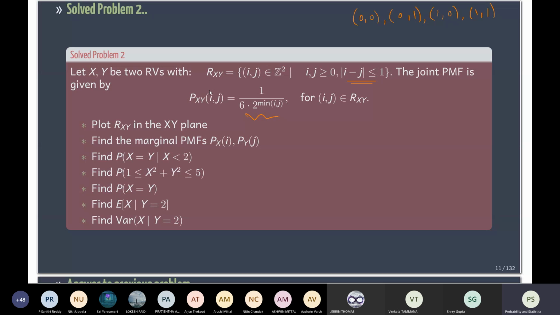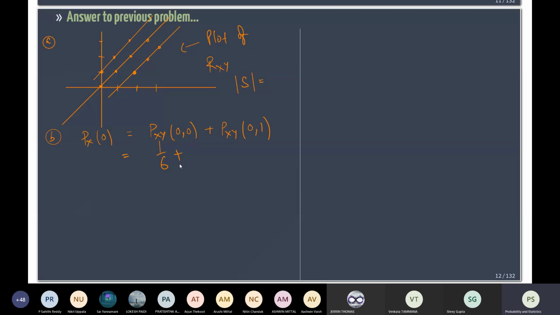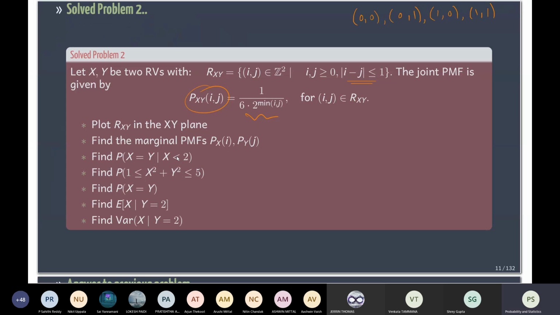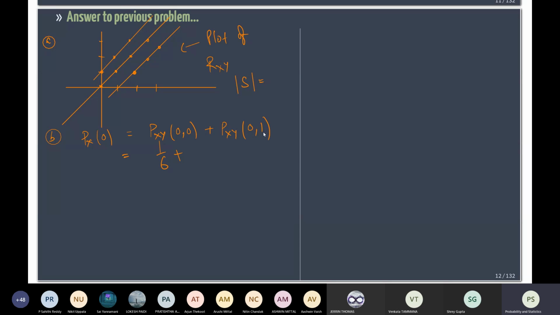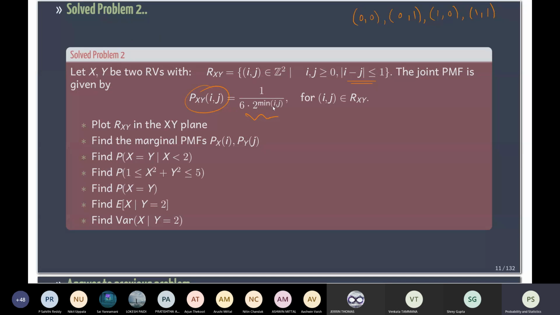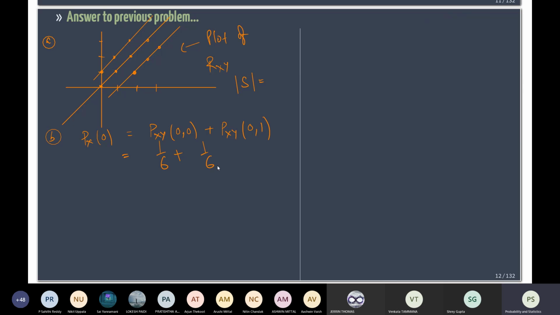So (0,0) is 1 over 6, plus... I was wondering if I had to find the PMF myself, but thank God I don't, because it's already given. And p_XY(0,1): the minimum is again 0, so it is again 1 over 6. So this is 1 over 3.